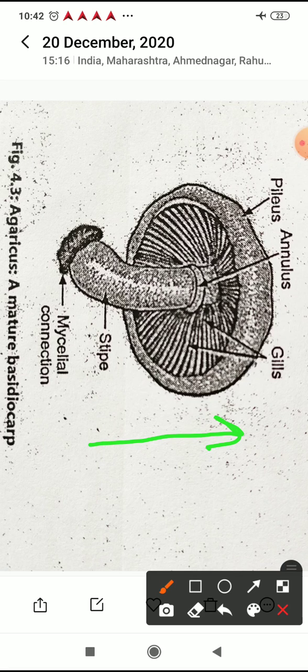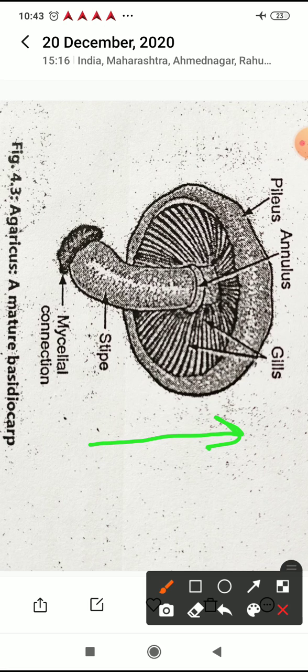Asexual reproduction is by formation of chlamydospores. Chlamydospores germinate and give rise to the hyphae, and further the mature basidiocarp development takes place. Another asexually reproducing body is the oidia.